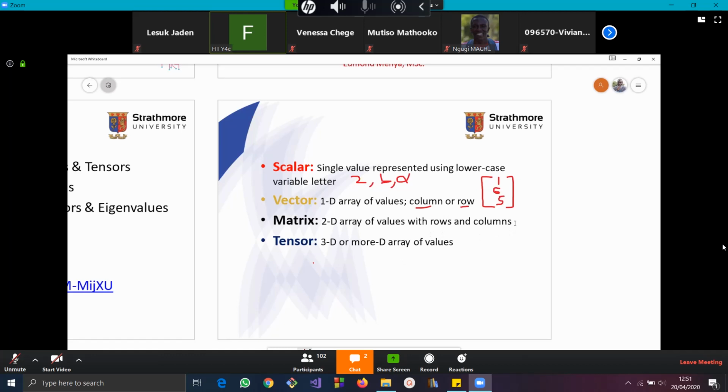Then we have a matrix, which is a two-dimensional array of numbers. We all know a matrix. Maybe 1, 3, 9, 5, 6, 0, 4, 8, 3. This is a 3 by 3 matrix.